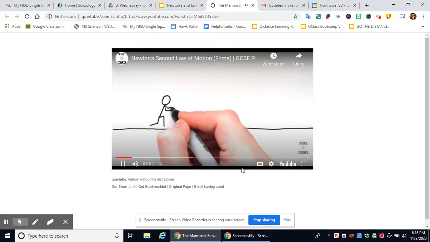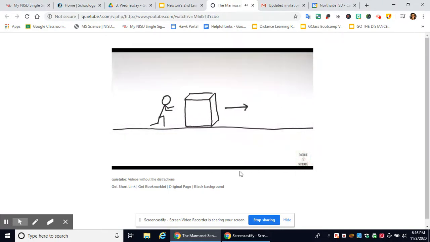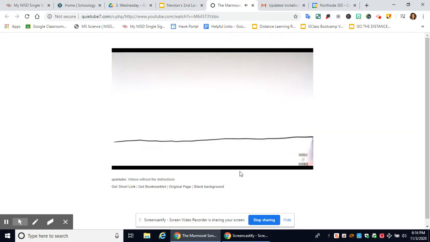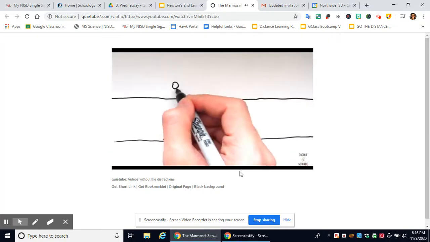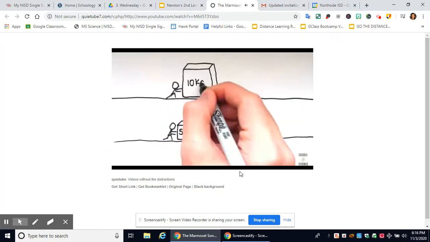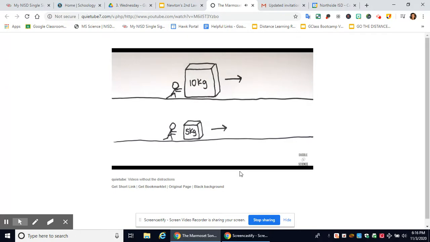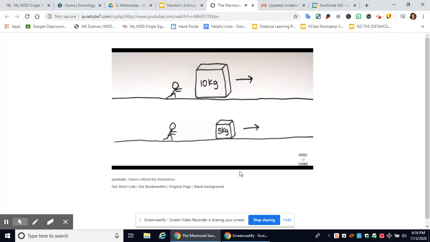An object will accelerate in the direction of the resultant force. The bigger the force, the greater the acceleration. By doubling the size of the force, it doubles the acceleration. Also, a force acting on a large mass will accelerate it less than the same force acting on a smaller mass. By doubling the mass of the object, it halves its acceleration.